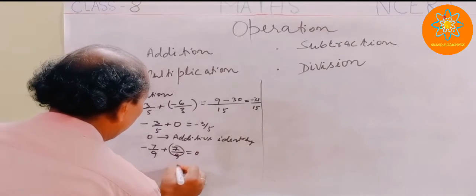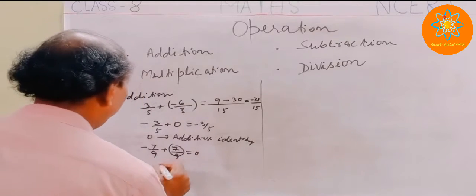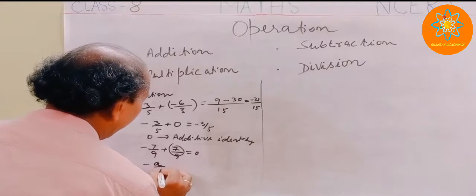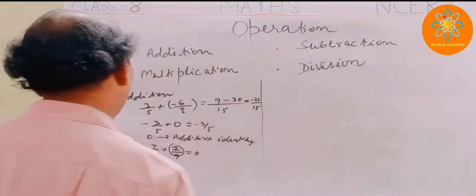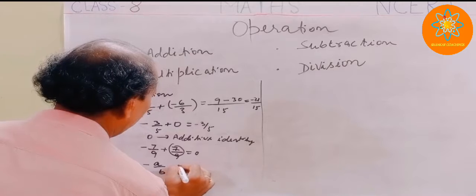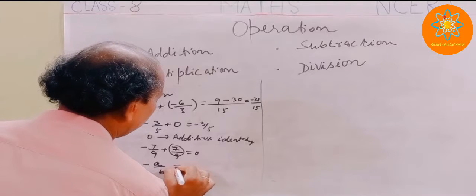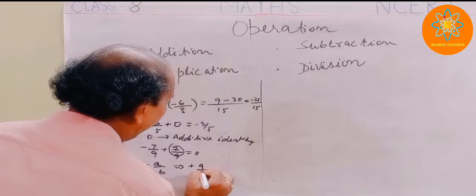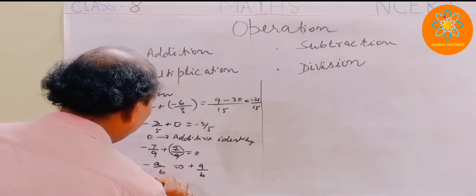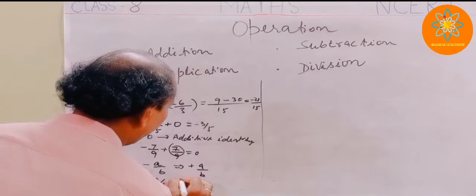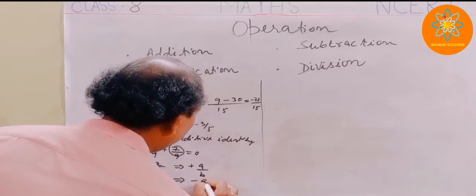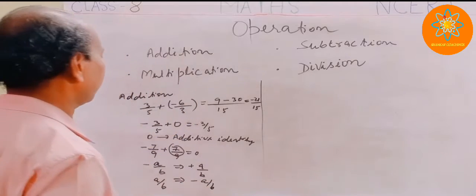It means if you have minus a by b, then plus a by b is the additive inverse, and if I have simply a by b, then the additive inverse is minus a by b.